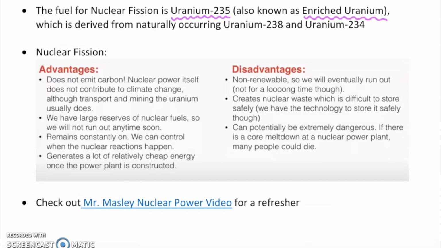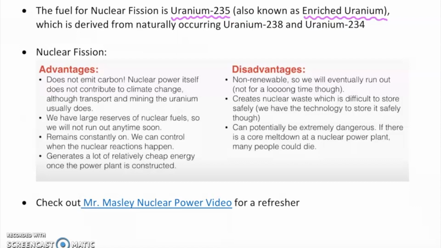There are isotopes of uranium. And the uranium that we have found to be most effective in nuclear fission is uranium-235. So there's an enrichment process in which you take the naturally occurring uranium-238, 234, and you make it into enriched uranium, uranium-235.